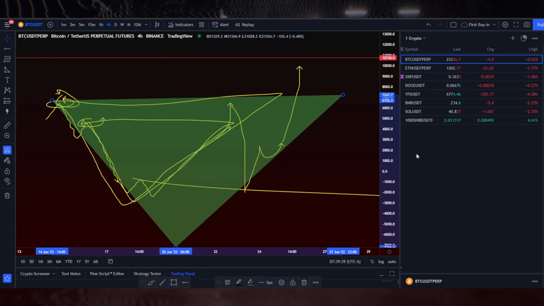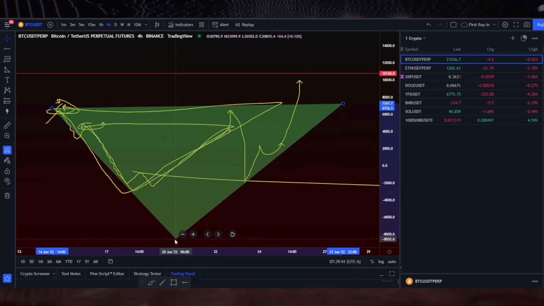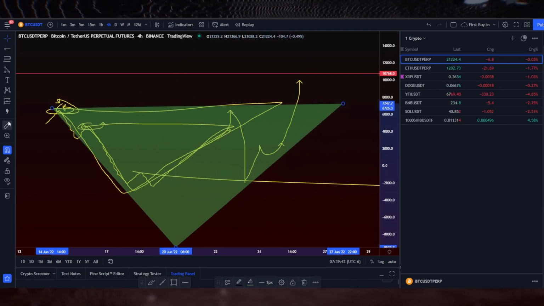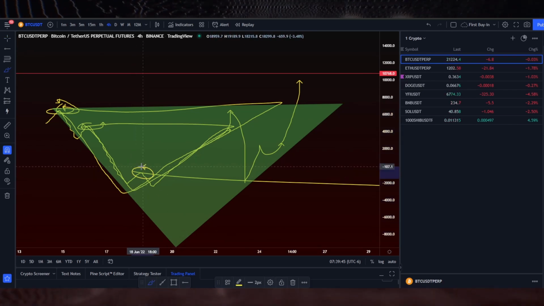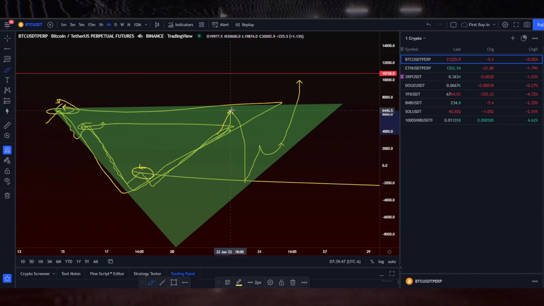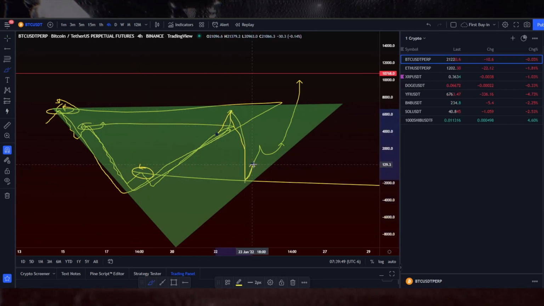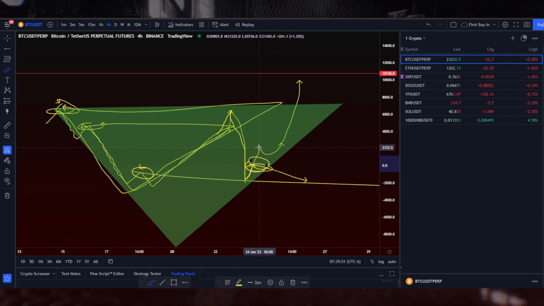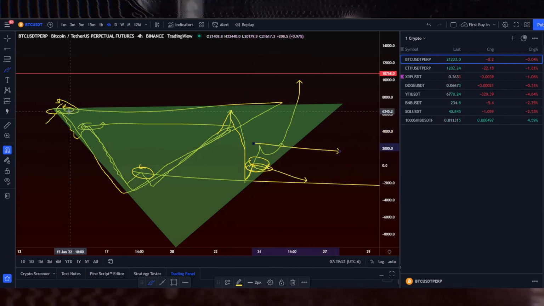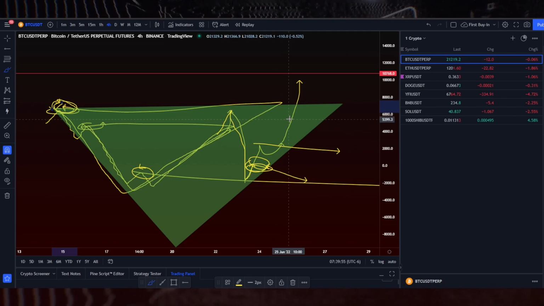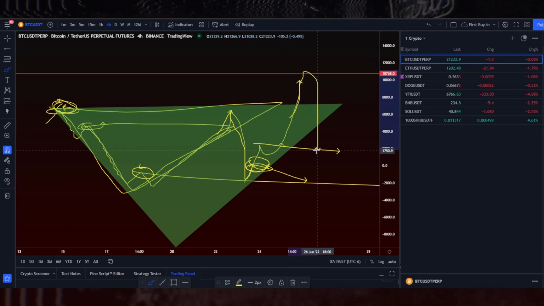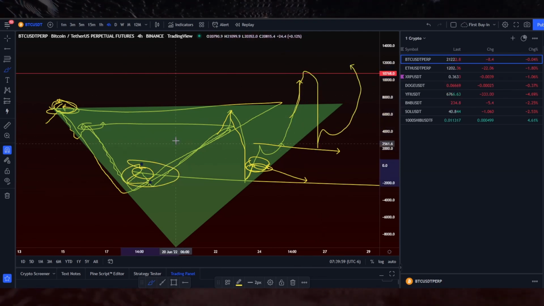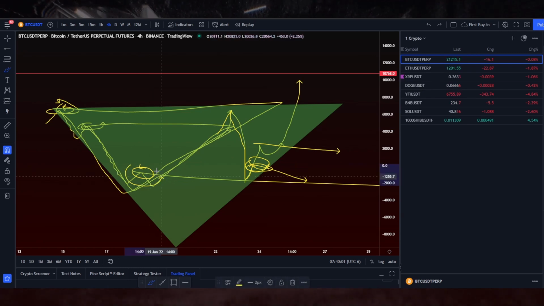So remember, it has to be untested, right? So if this one was already tested because you broke the first point like that and you came back down, you'd be looking for the float inside of here, because those would be the untested. So if you break above this one here, then the float is here. But if this was never tested, of course, then the float is this one here.